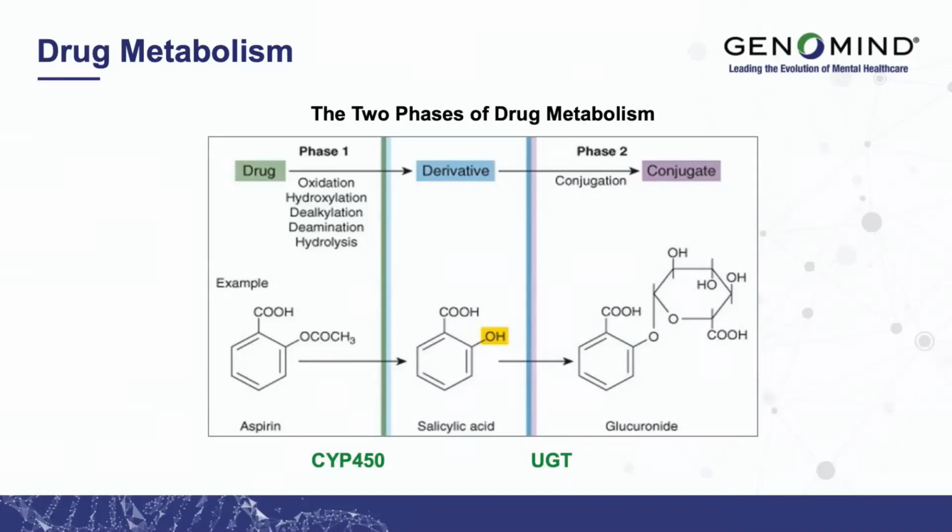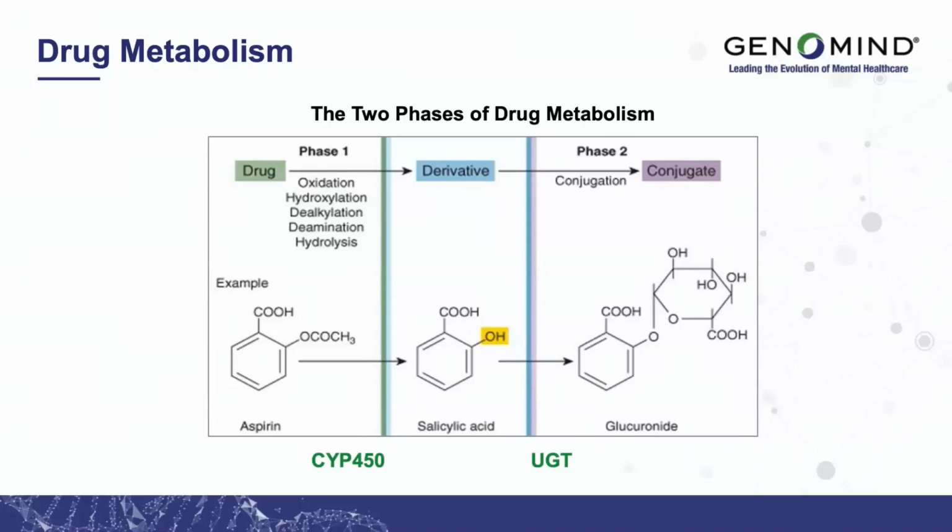As you can see here, we use aspirin as an example. Here's aspirin. It gets metabolized into something more water soluble. And then some drugs will go through this phase 2 reaction, often called conjugation. And conjugation just involves adding a very big, bulky, more water soluble chemical compound to your drug.